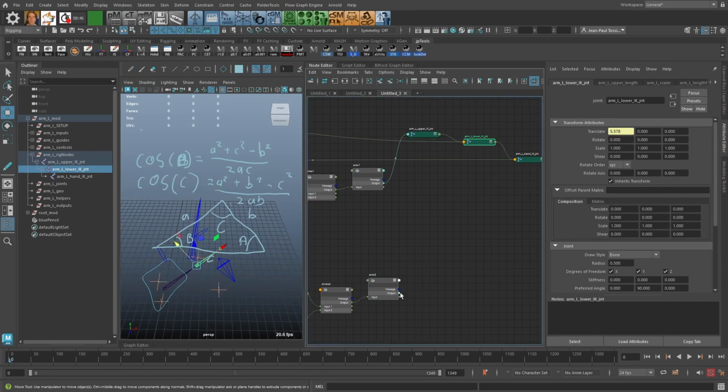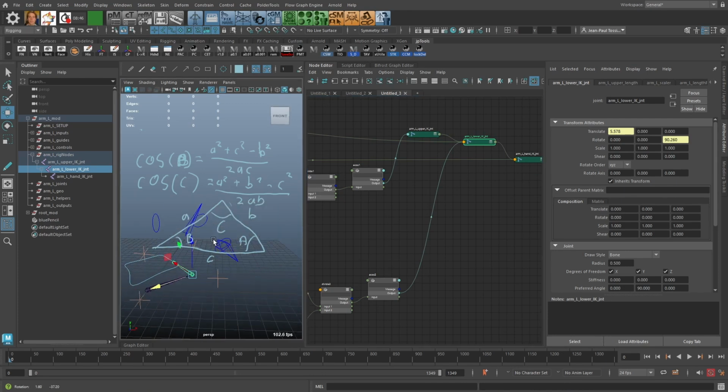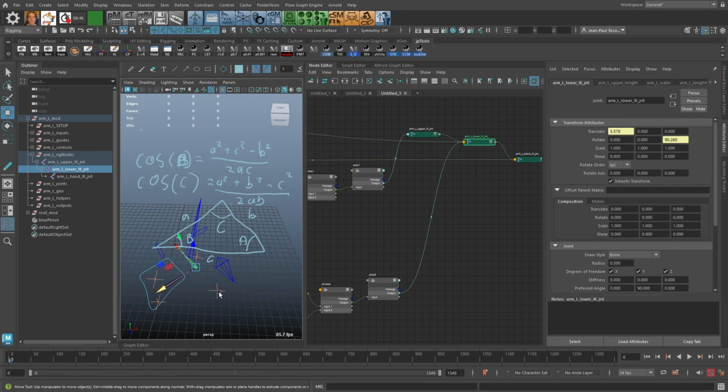But now if we plug this into the rotate z, you will see that it rotates in the wrong direction. But you have to think about it: if the arm were straight, these two edges a and b would lie flat on the c. So c would be the same as a and b appended, and then the angle of c is 180 degrees.